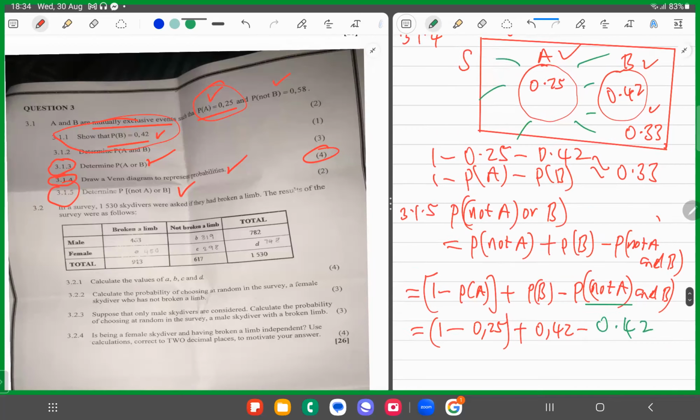So the probability of not A and B is just 0.42. Which means, therefore, we are in business.